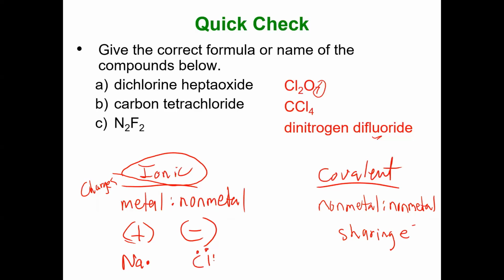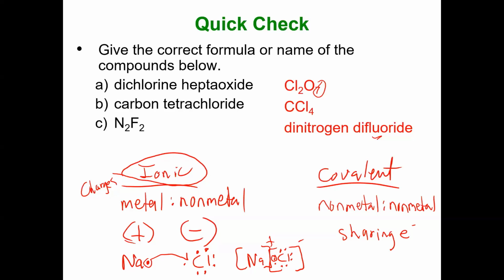Chlorine has 7 because it's in group 7A. What does sodium do? It gives that 1 electron to chlorine, ends up producing a positive charge, and then the chloride has an extra electron. I could circle that extra right there.